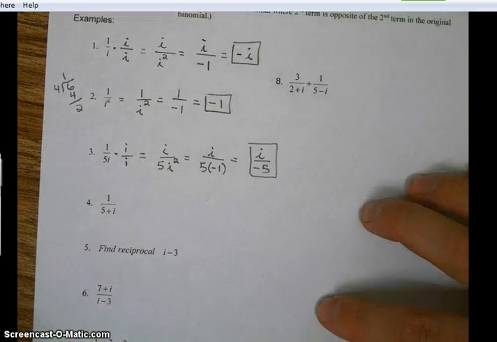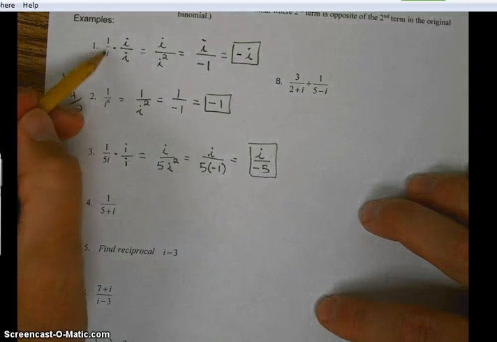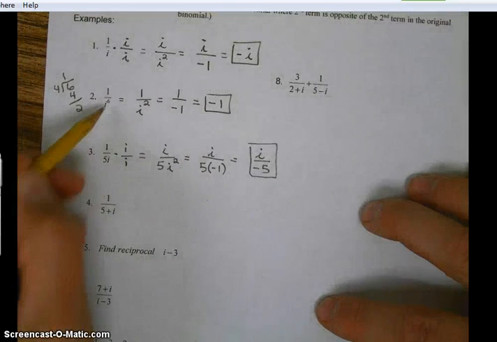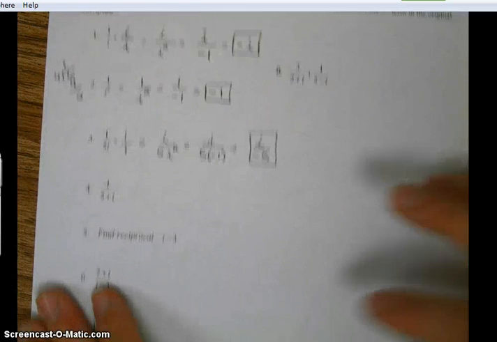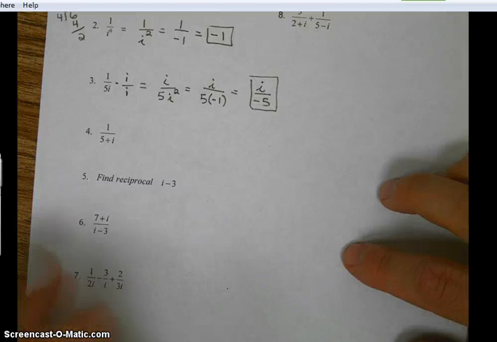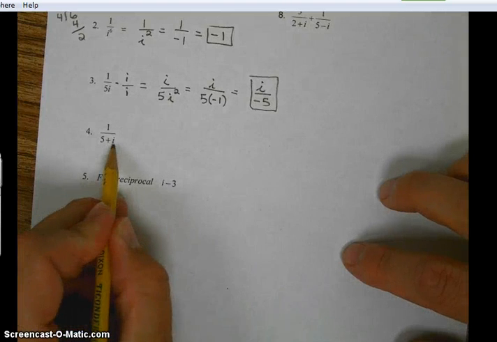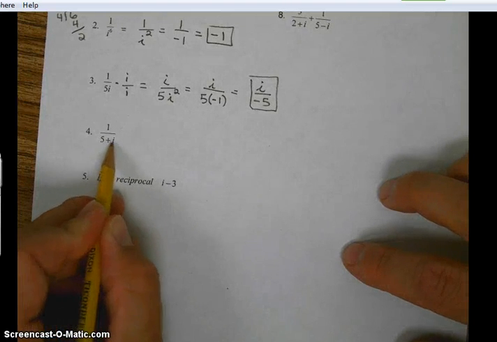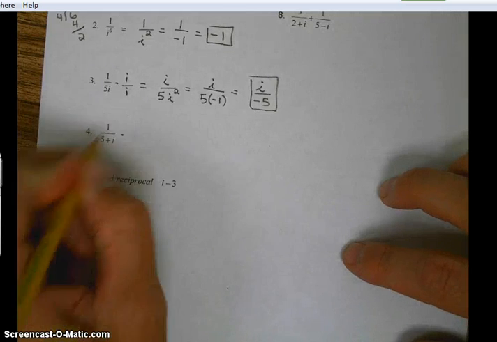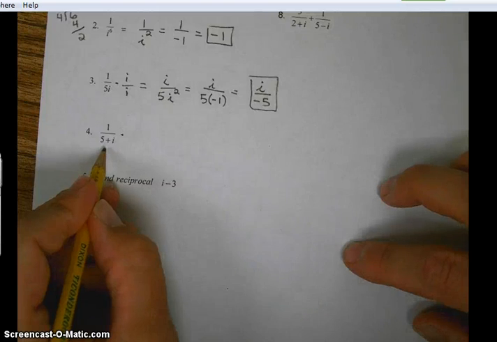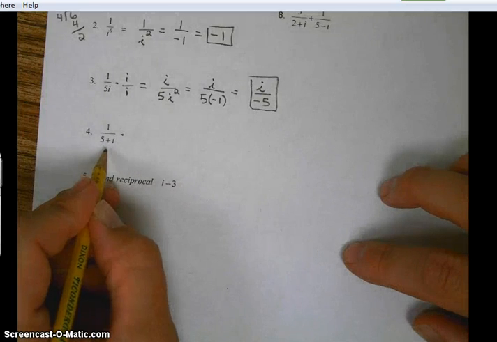See, remember our goal. Our goal is to get i out of the denominator. Okay? Number 4. Now, to get an i out of the denominator when you have a grouping like this, you want to multiply by the conjugate, the complex conjugate.